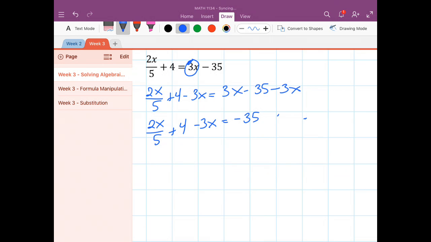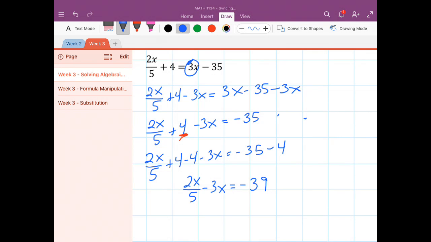Now I want to get rid of that 4, so it's a plus 4, so I'm going to subtract it. So that gives me 2x over 5 minus 3x equals negative 39.